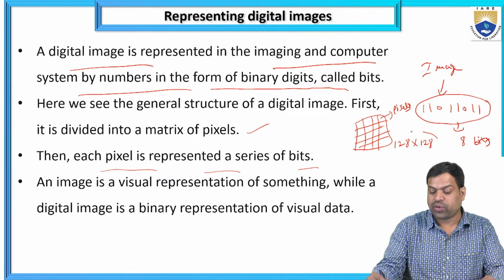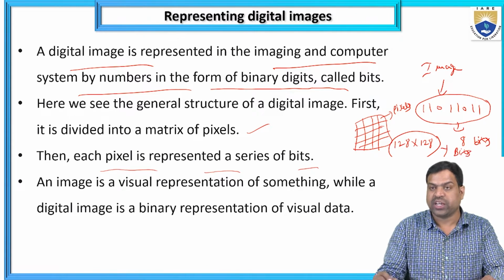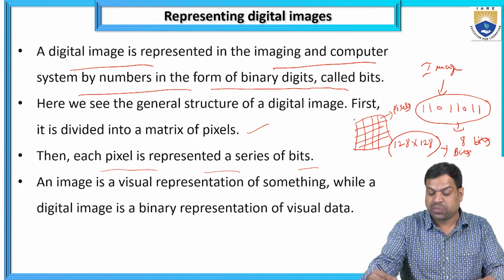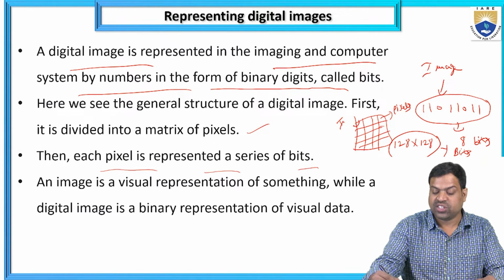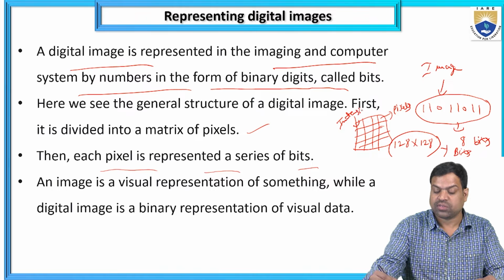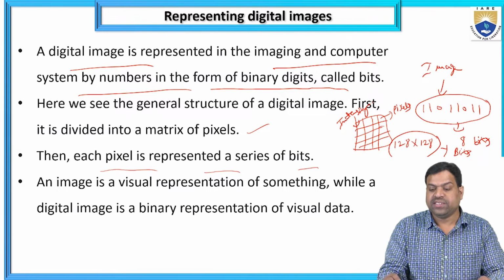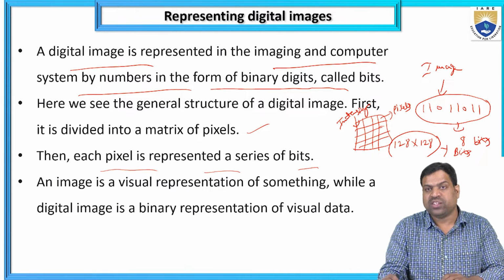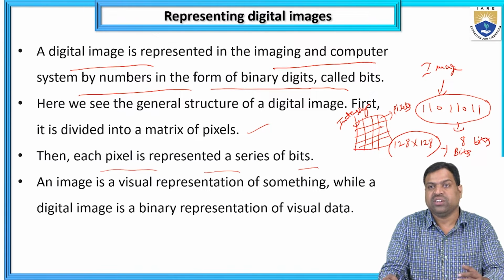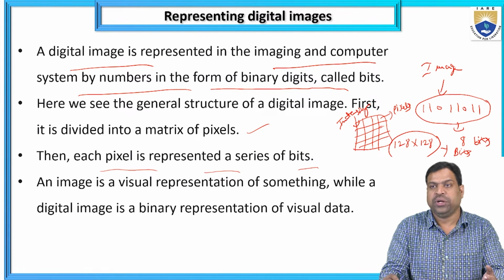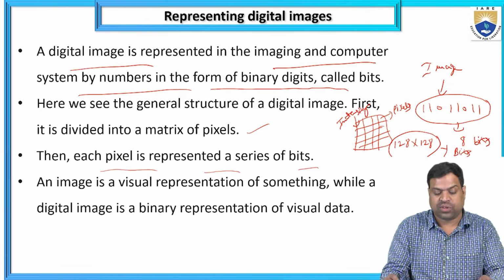In computer language, these pixels are taken as a number of bits. Each pixel has intensity values, and these intensity values and the number of pixels we represent in computer language as bits, that is 8 bit or 16 bit, whatever it may be.